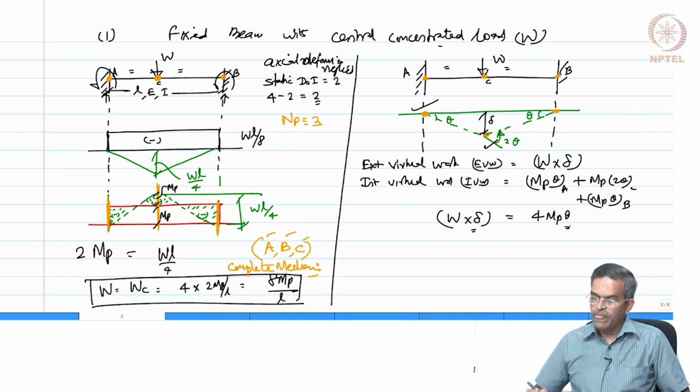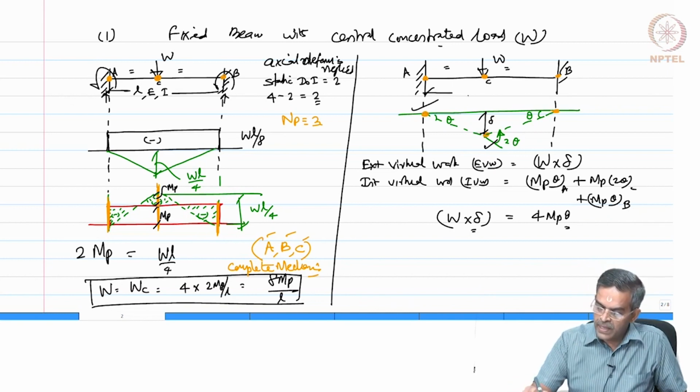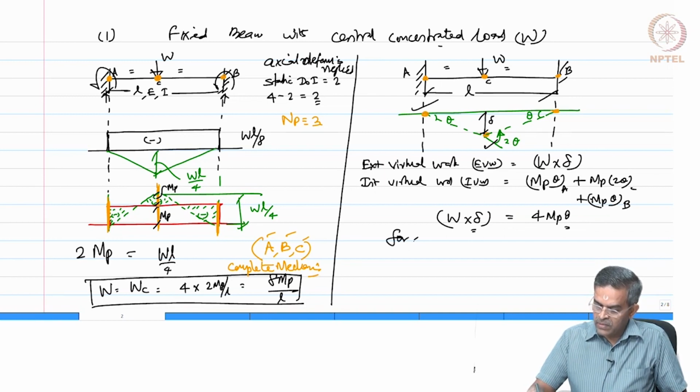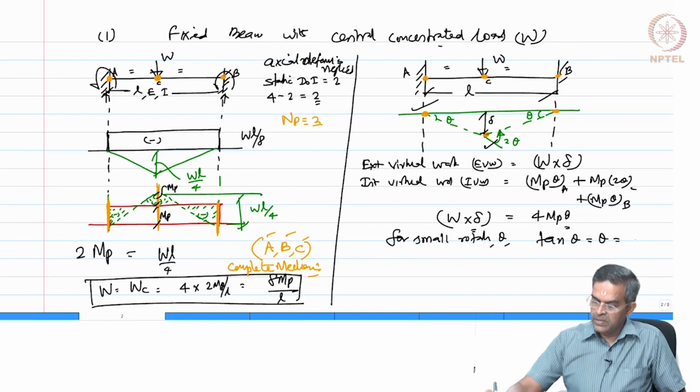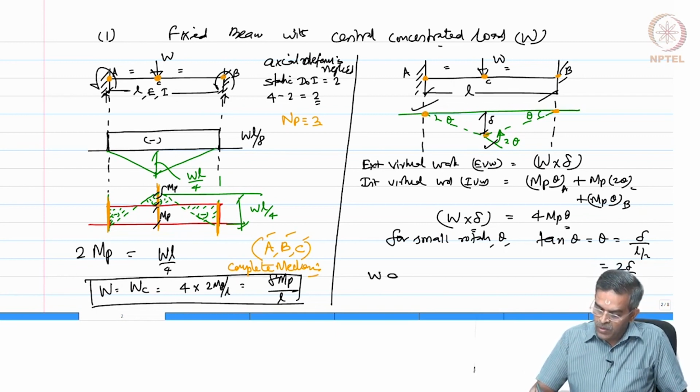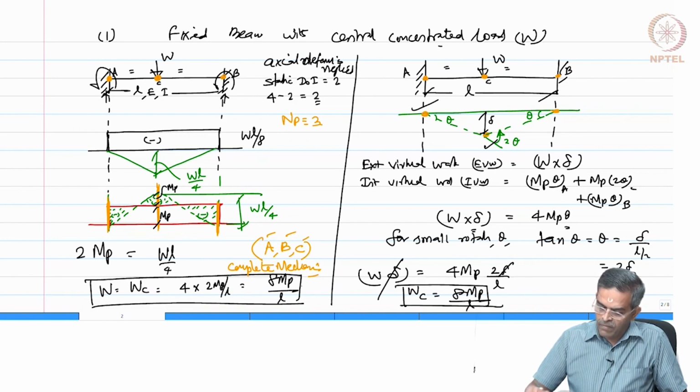One can say very well, if the span is L, okay, can say for small rotations tan theta, which is theta, which is actually del by L by 2, which is 2 del by L. So, substituting back here, W into del will be 4 MP into 2 del by L. So, del goes away, I get WC as 8 MP by L, which is same as this.